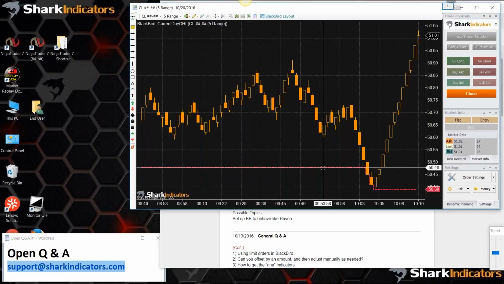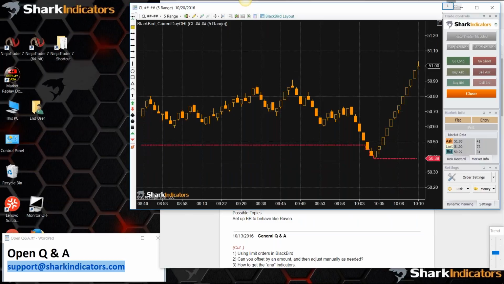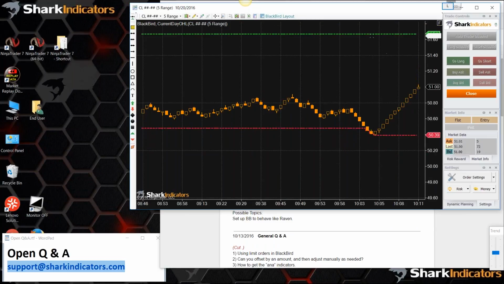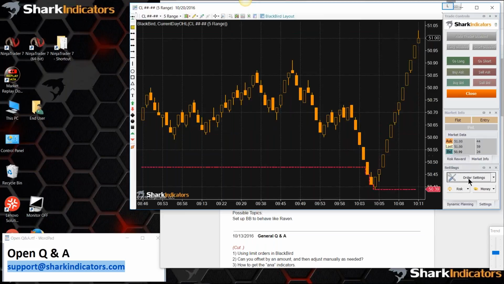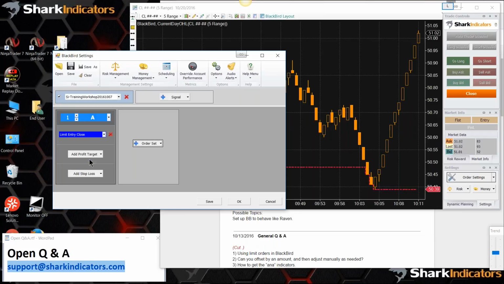The entry is a limit order that's 4 ticks above the low, or if we were taking a trade off the day's high, it'd be 4 ticks below the high. All right, so let's set that up in BlackBird. That's going to be a limit order. So let's set up our limit order.